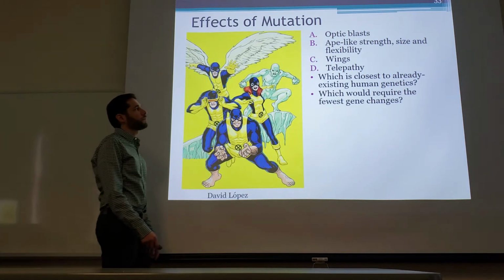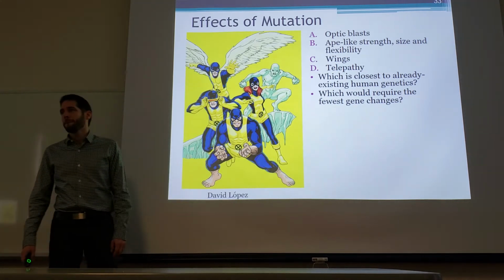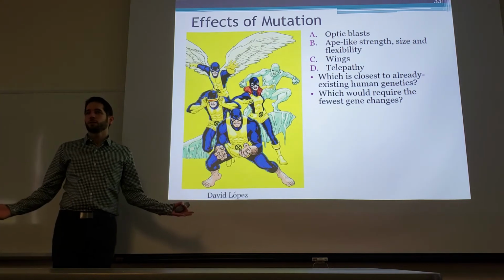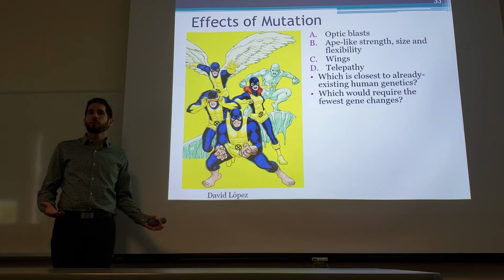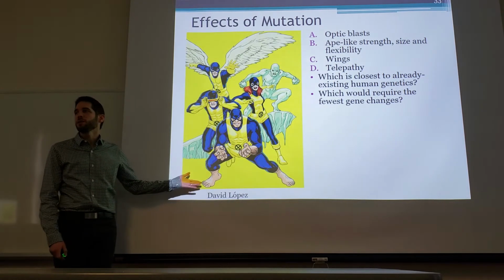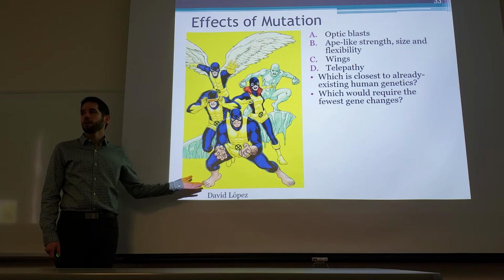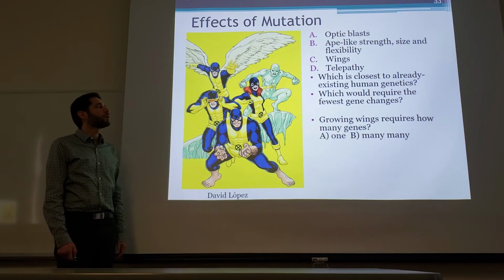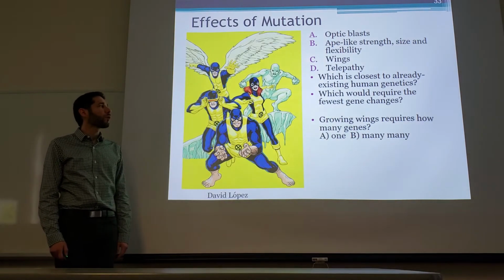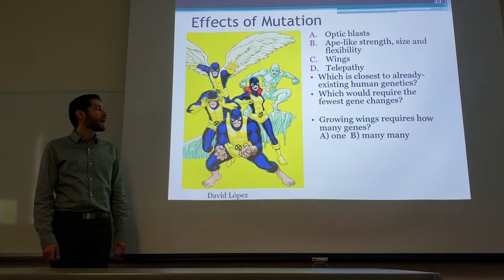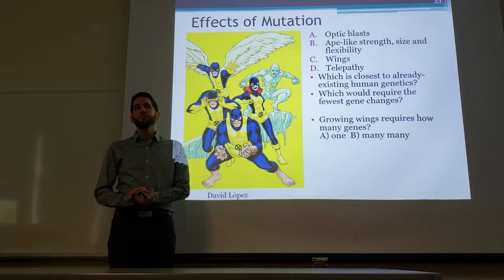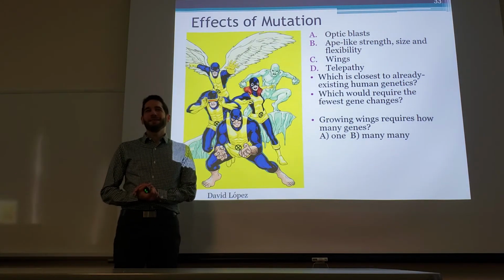Which would require the fewest gene changes? Still Beast, right? You could have a mutation that results in basically gigantic feet. That's okay, that's just growing your feet a little bit different. Growing wings, on the other hand, requires how many genes? A, one, or B, many, many? Many genes.